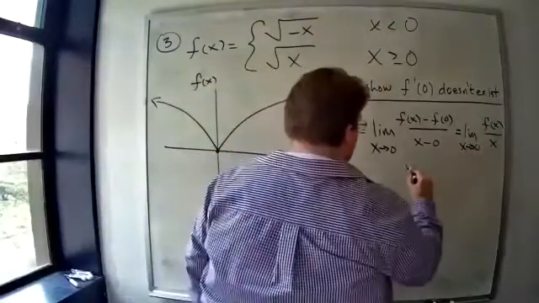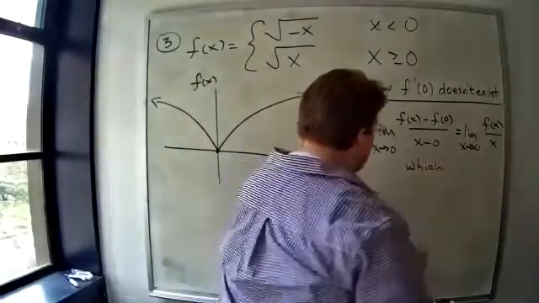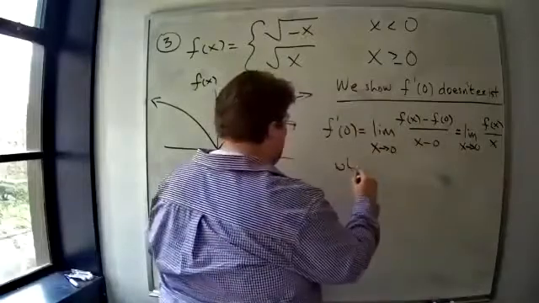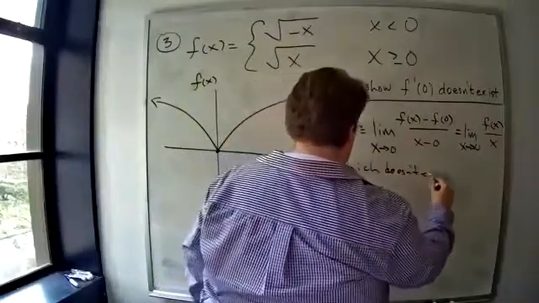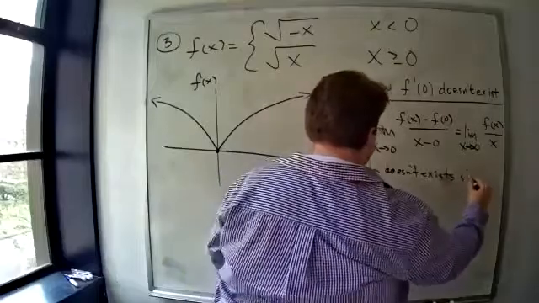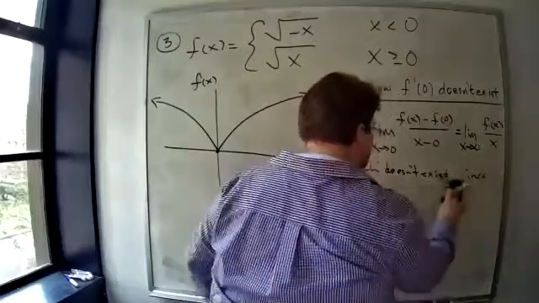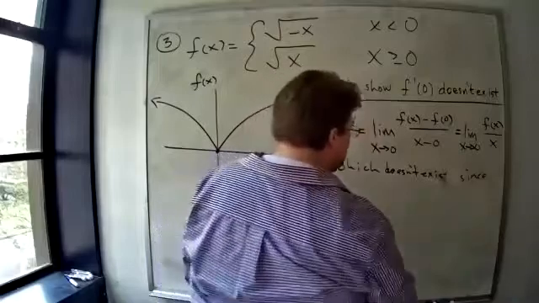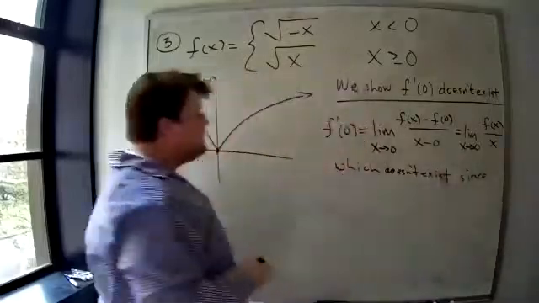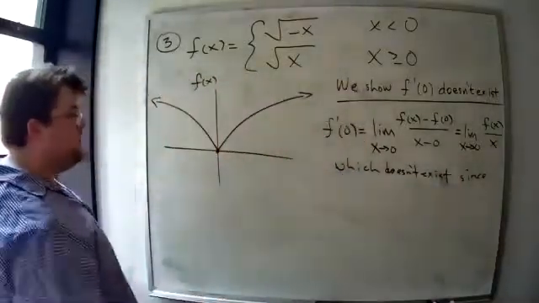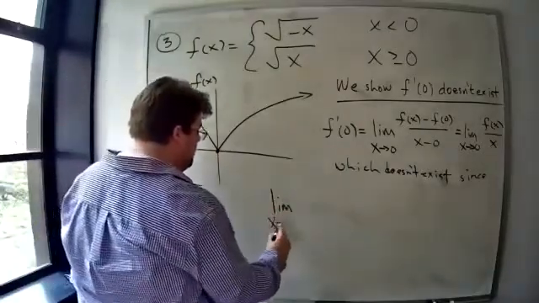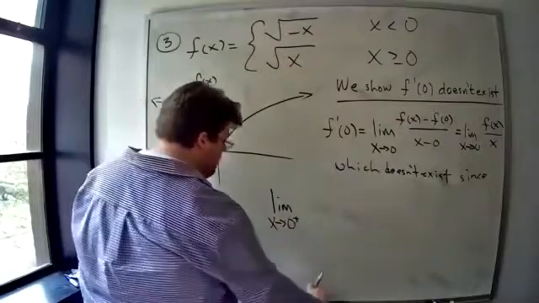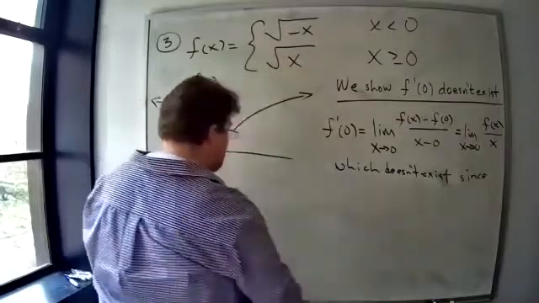So I'll say which doesn't exist since what? Well, the argument is going to look at both sides of 0. I'm going to write it a little higher, so I have room.